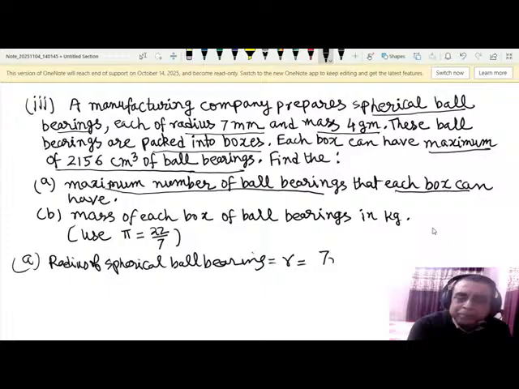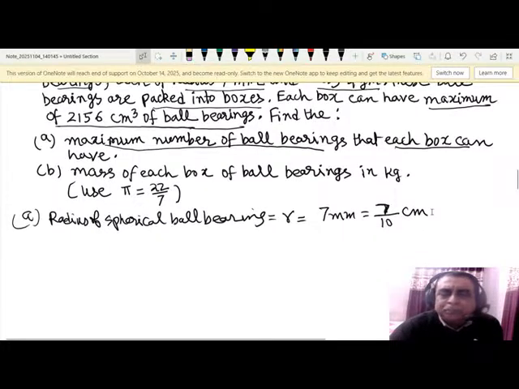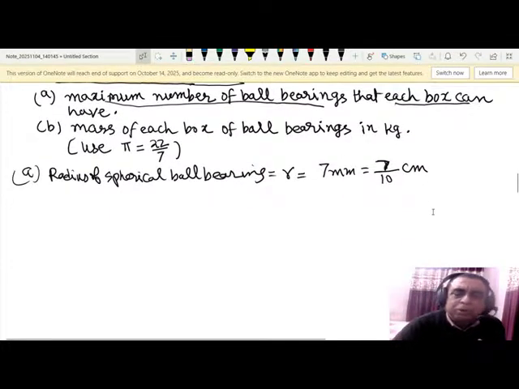It is 7 mm. Change it to centimeter. So that comes to 7 divided by 10, centimeter. Now, why are we doing this? Because the maximum volume of each box is given in centimeter cube. So find the volume of each ball bearing in centimeter cube.